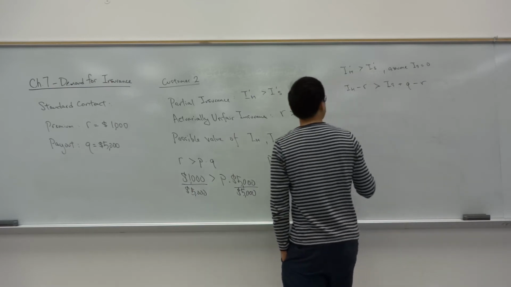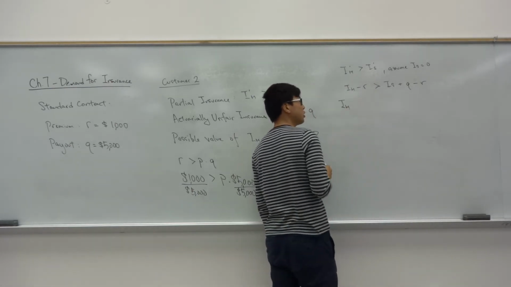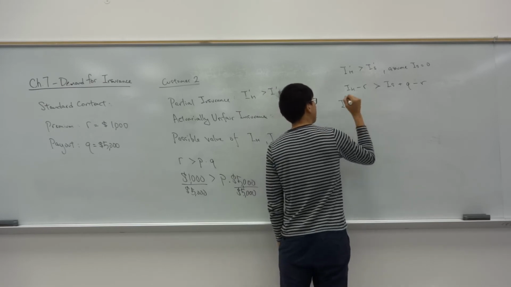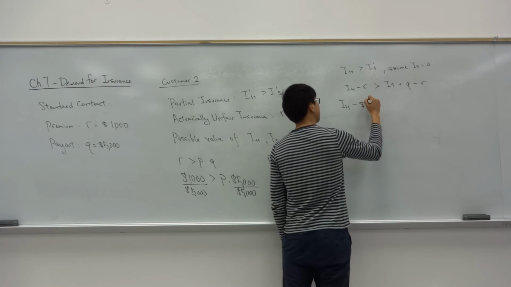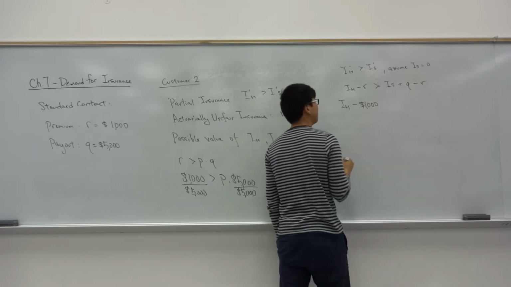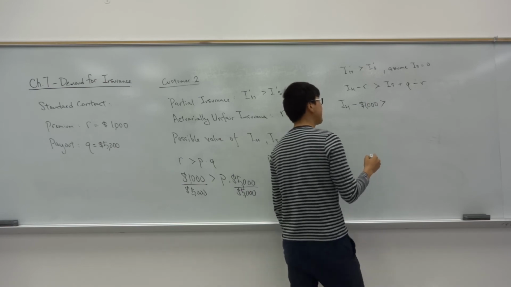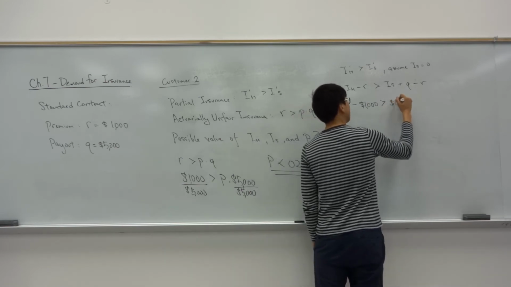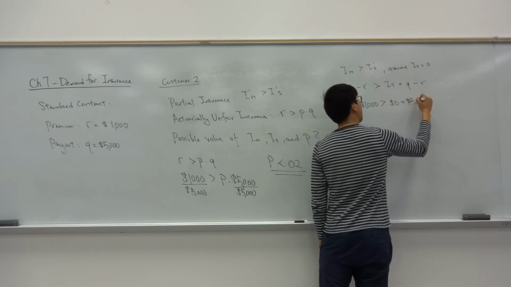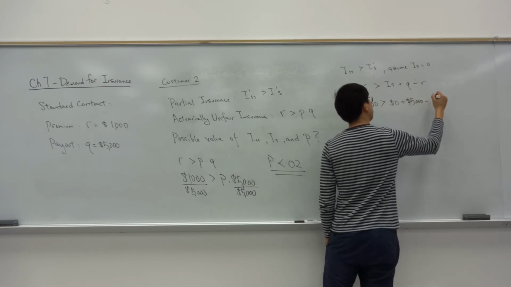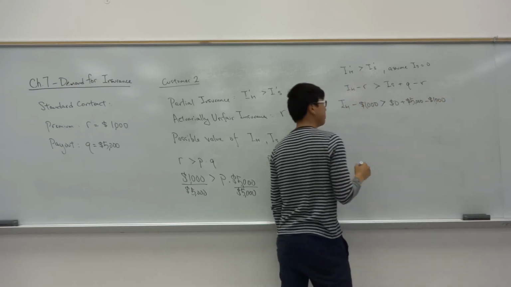So in this case, we don't know how much the healthy income should be, so the healthy income minus the premium this person has to pay, which is $1,000, is greater than the sick income, $0, plus the $5,000 payout, minus the $1,000 he has to pay for the premium.